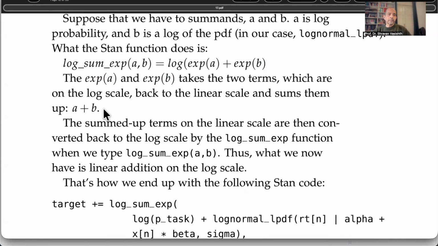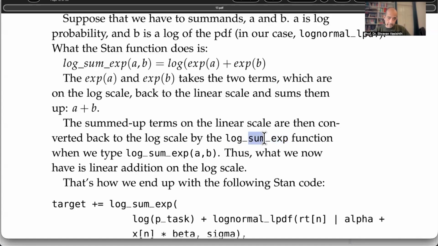And then these summed up terms on the linear scale are converted back to the log scale by this log. So this is what that log is doing. It's converting it back into log space. So that's why it's called log_sum_exp. First, we're going to exponentiate the A and B's.